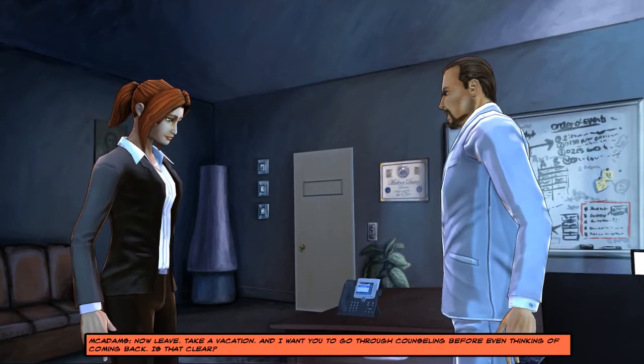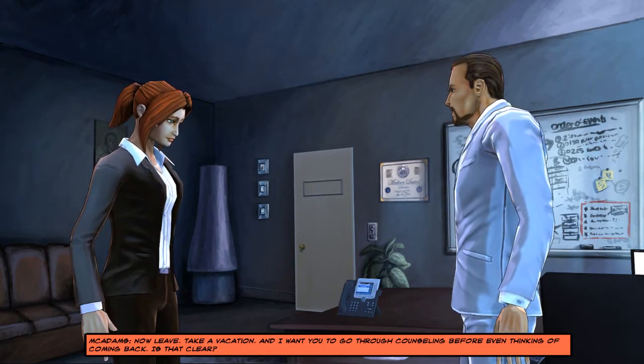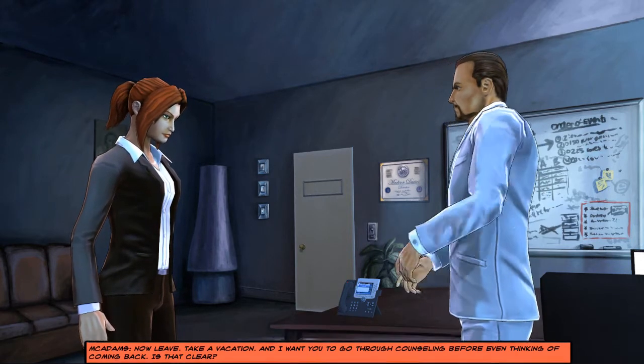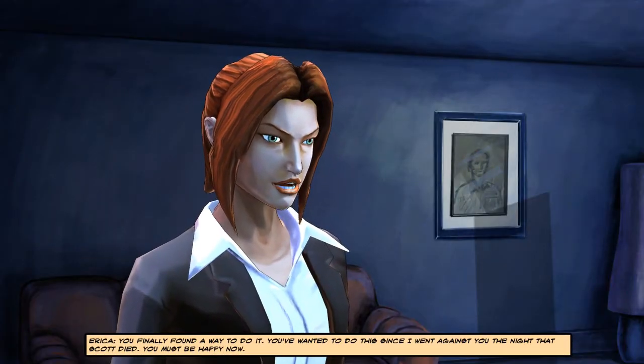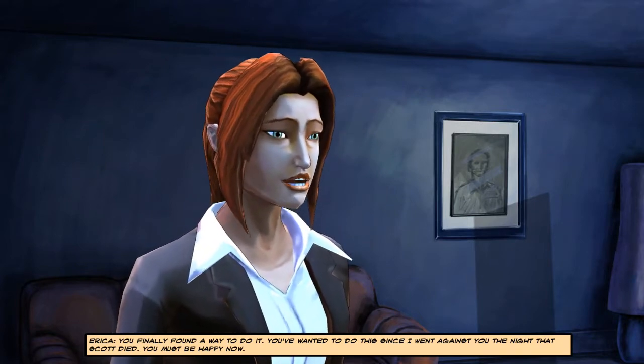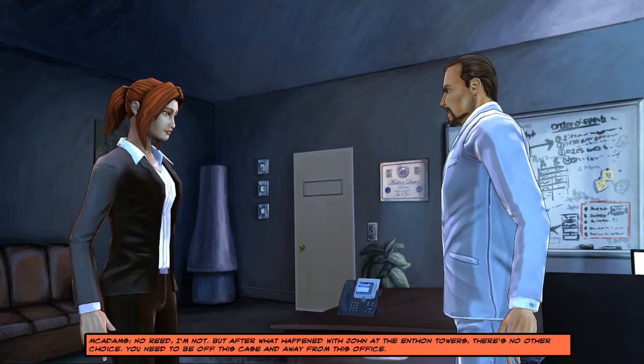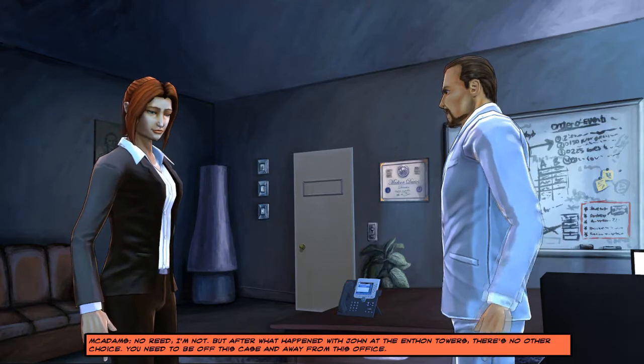Your badge and your gun, Reed. I called her Madamushka instead of Rose. Take a vacation, and I want you to go through counseling before even thinking of coming back. Is that clear? I had to. You finally found a way to do it. Her name is Madamushka. You've wanted to do this since I went against you the night that Scott died. You must be happy now. No, Reed, I'm not. But after what happened with John at the Towers, there's no other choice.